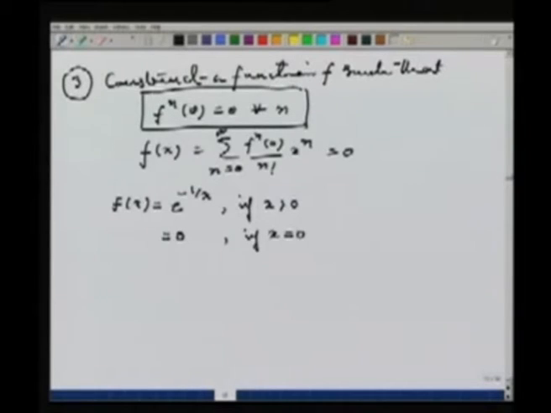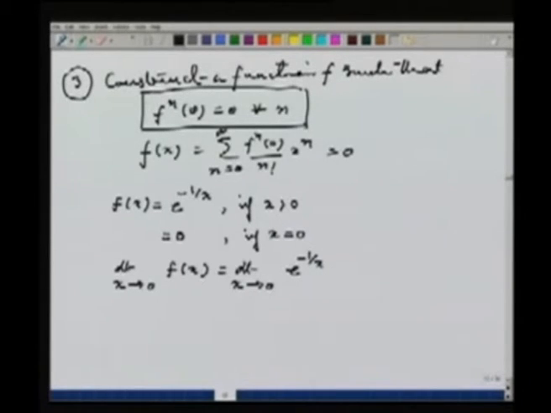Notice that one thing is very clear here, that the function is continuous. Well, I just have to check that the limit as x goes to 0 of f(x) is 0. That means the limit as x goes to 0 of e to the power minus 1 by x is equal to 0.